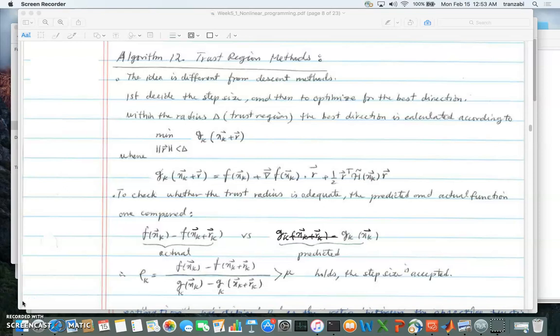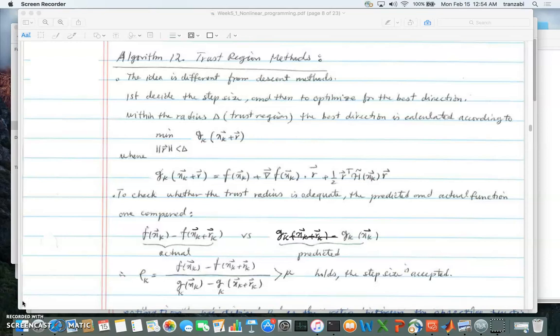CHE531. In this video, I'll be talking about the trust region method. In the last video, we talked about the steepest descent method, where we set the direction to be the steepest descent, and we try to find the optimum step size, lambda. We found that in steepest descent, the path follows a zigzag route, and that is actually not really optimum.